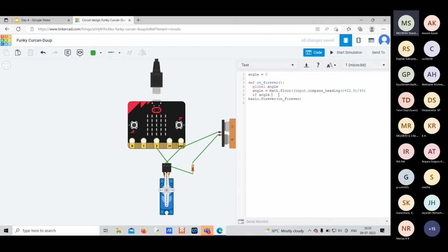So if the angle is equal to 1, yeah, angle is 1. We want the object to show, so this is a function that shows your arrow. So basically, whenever a direction is detected, that has to be shown on your display.